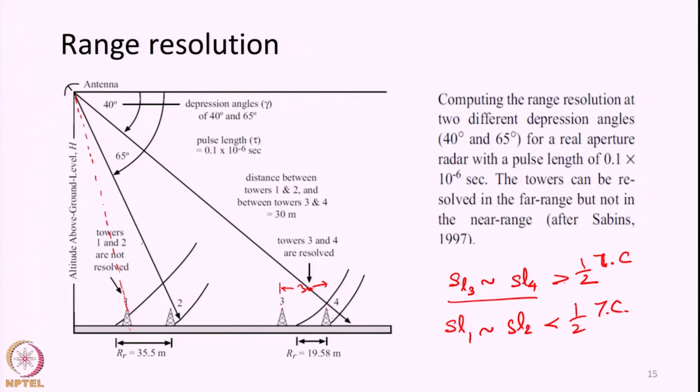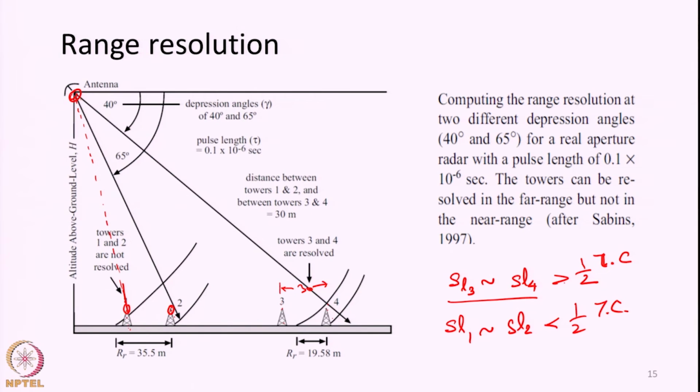In the same time the pulse would have reached here, and even before the 300 meter pulse got reflected from tower 1, the signal from tower 2 will also begin to reach this system. That is, the reflected microwave pulses from both tower 1 and 2 will have some time of overlap in the system.